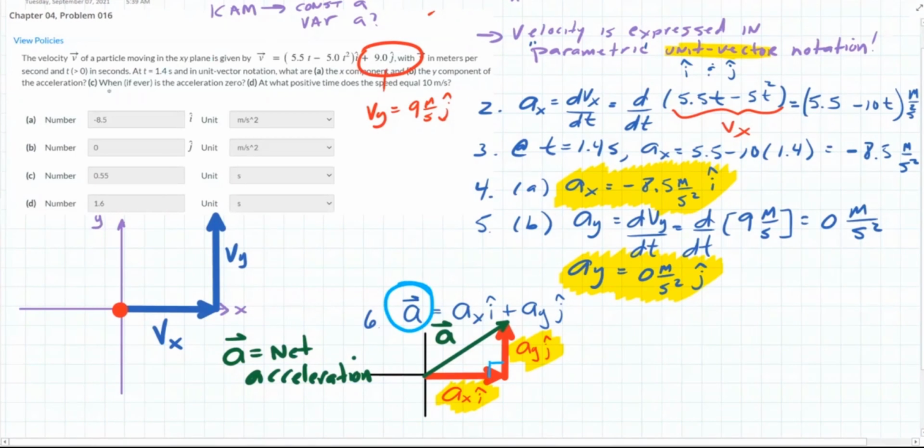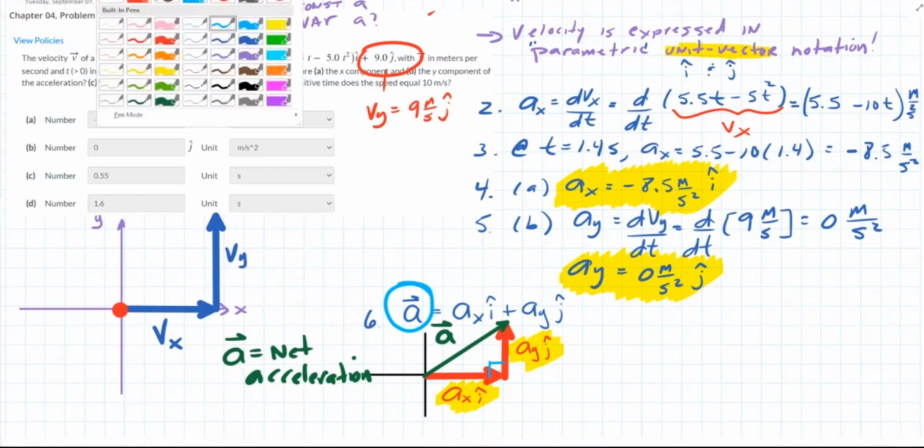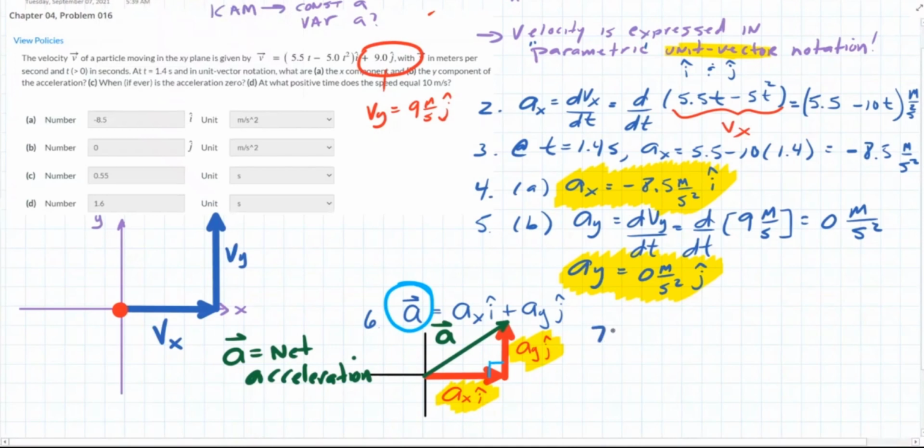The question says, when, if ever, is the acceleration equal to 0? So let's go with that. I gave you just a general backgrounder on the acceleration vector. Let's keep going with this specific question. Okay, number 7. Well, the vector A, once again, I'm just going to do this for repetition purposes. It's going to be some X component I hat plus the Y component J hat.